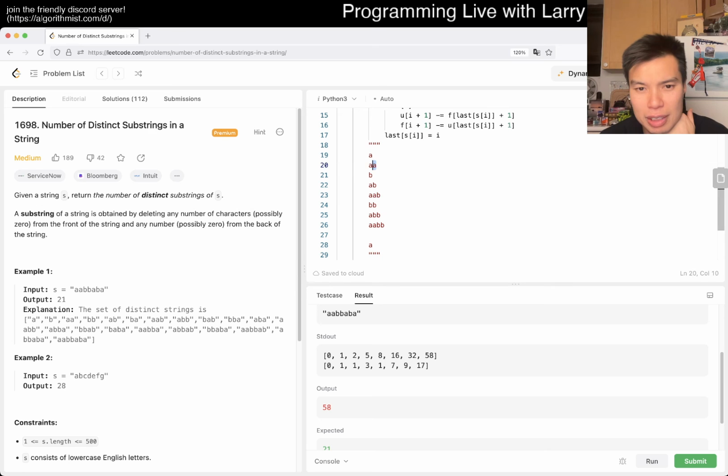Well, actually, this wouldn't even be the... doesn't make sense that this is the unique part, right? It's the summation of all the things that have A's in the beginning. Right.